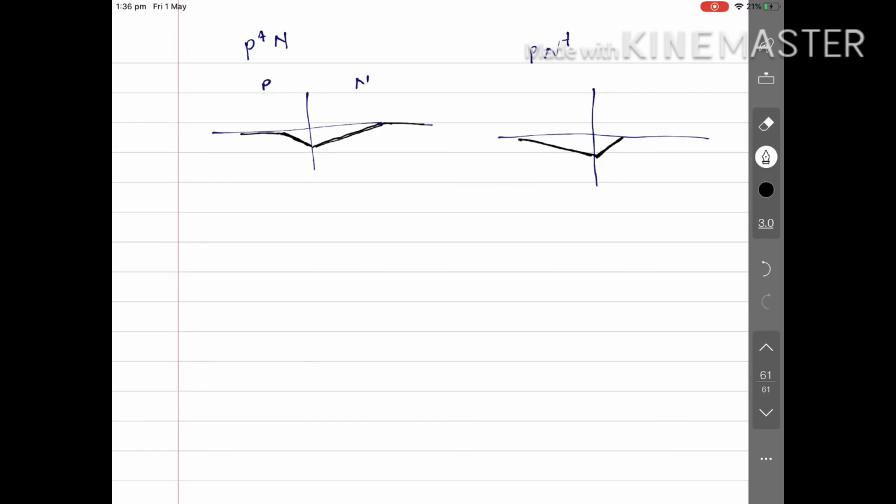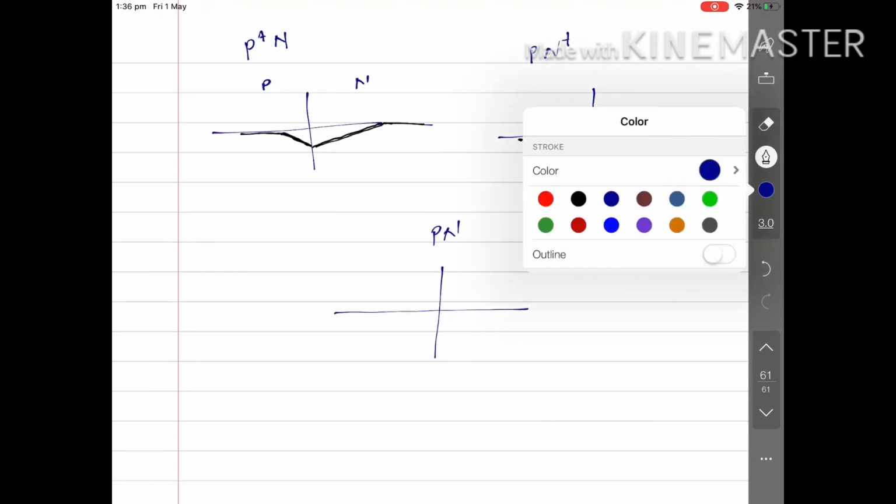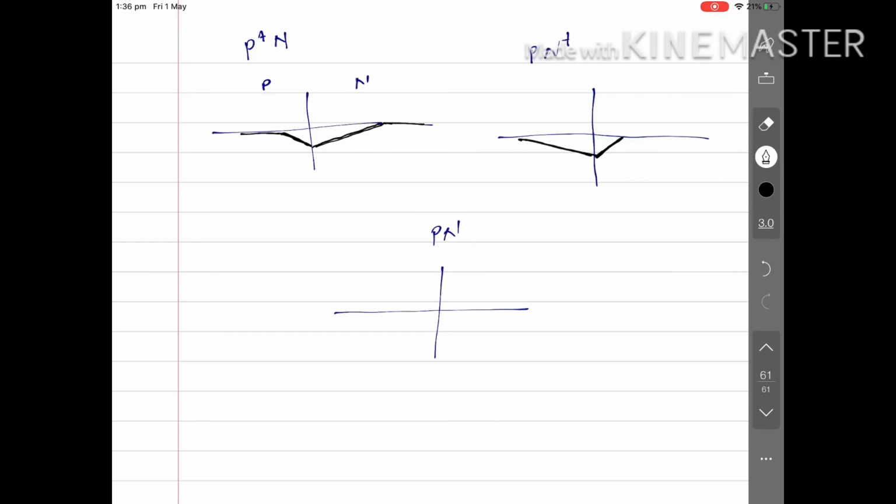Now in a simple pn that we have seen right now, because the doping is equal on both sides, it would be the same on both sides.